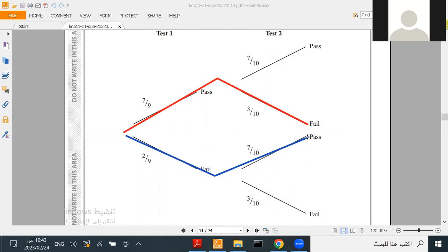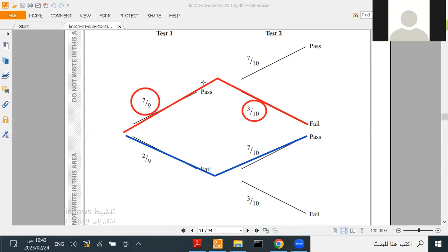That is the idea. Whatever we get for pass and then fail, we will add to whatever we get for fail and then pass. But first we're going to work on pass, fail. For pass, fail, which probabilities do we go through? We will have this and we will have this.